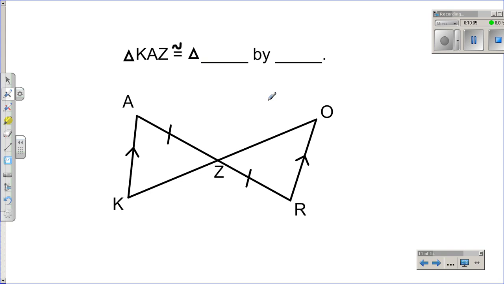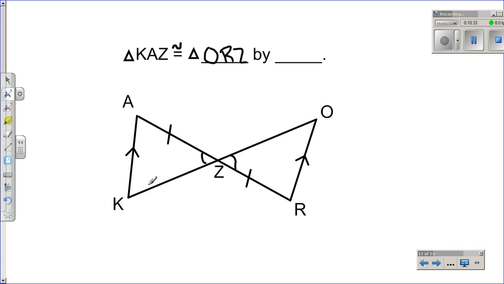Alright, this one, KAZ is congruent to which one over here? Look, I went across the arrow and then the 1. Over here, we got to do the arrow, then the 1. So this is ORZ. Now, the shortcut, I have vertical angles right here, so we know these angles are equal.